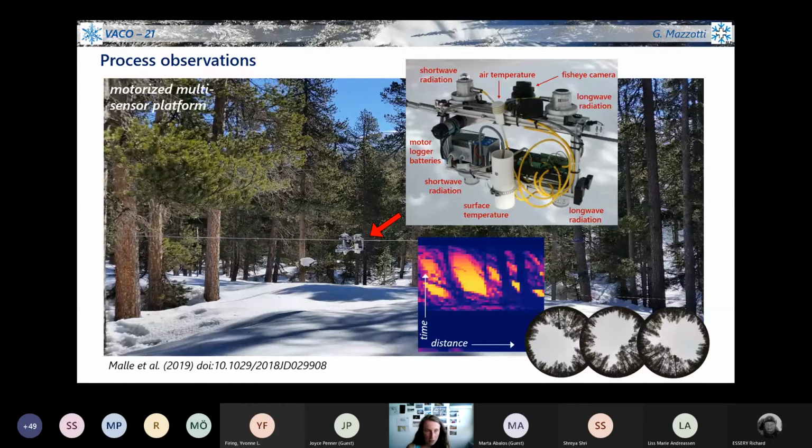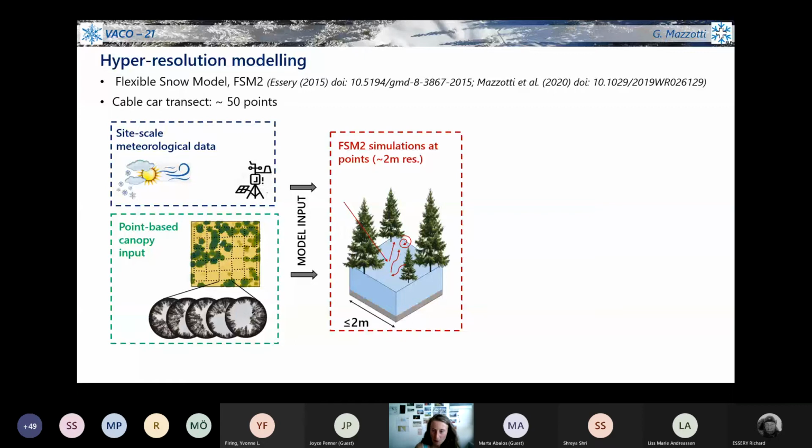Now, for modeling, we used the flexible snow model, FSM2, which is a standalone point model. In a forest setting, such a model is driven by meteorological data that represents above canopy conditions, and their transfer to atmospheric conditions seen at the snow surface is handled in the model by solving coupled equations of the energy balance of the canopy and the snow.